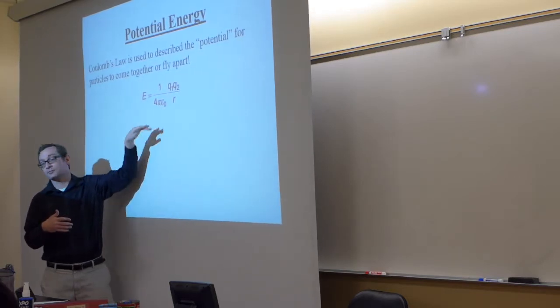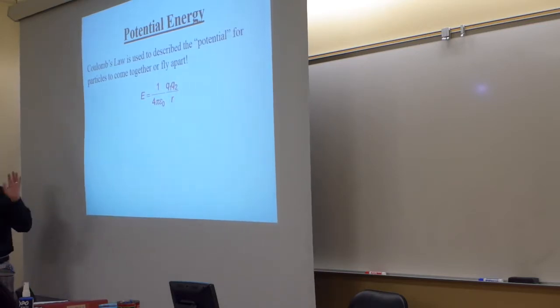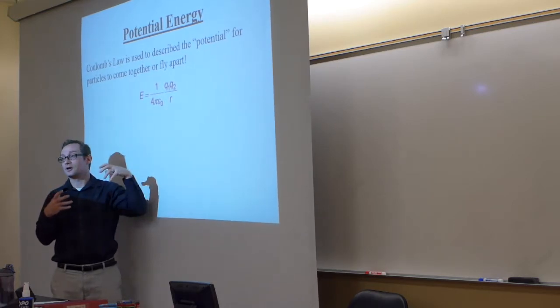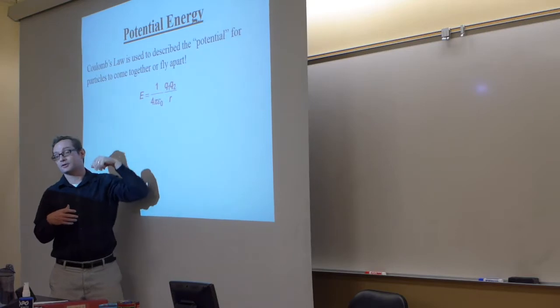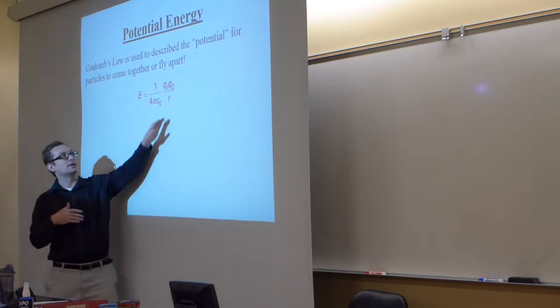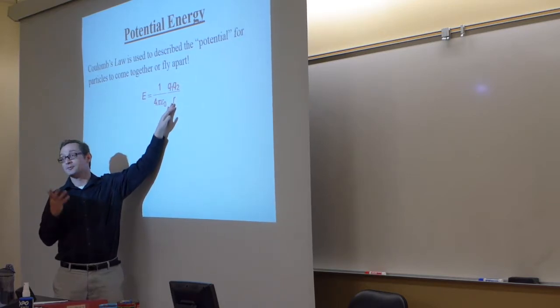This epsilon is called the permittivity constant. We will not do any calculations with this equation, but I'm just using it to describe how Coulomb's law works from a conceptual standpoint. Q1 and Q2 are the charges of the two particles. And R is the distance between them. Why don't they use D? I don't know why. They just use R for whatever reason.